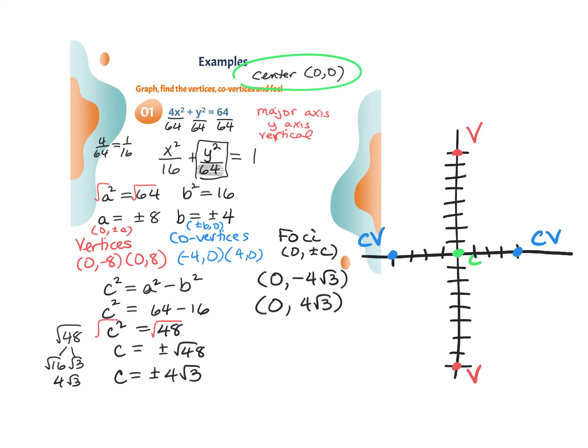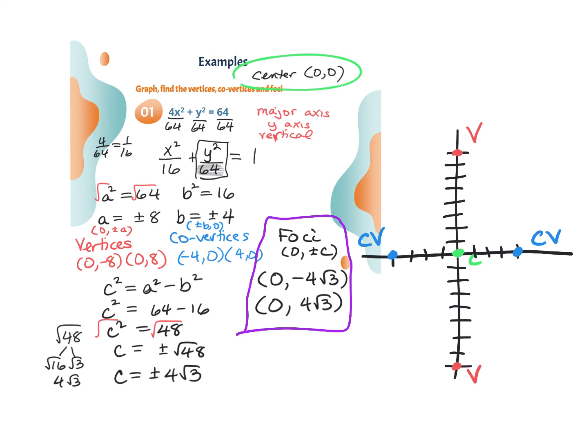And my foci, let me go ahead and do those in purple. Now I'm going to approximate, since you're not using a calculator, the square root of 3. The square root of 3 is approximately equal to about 1.7.